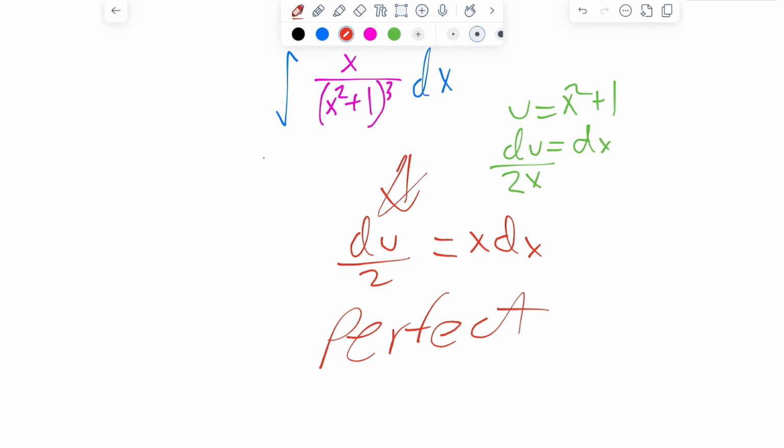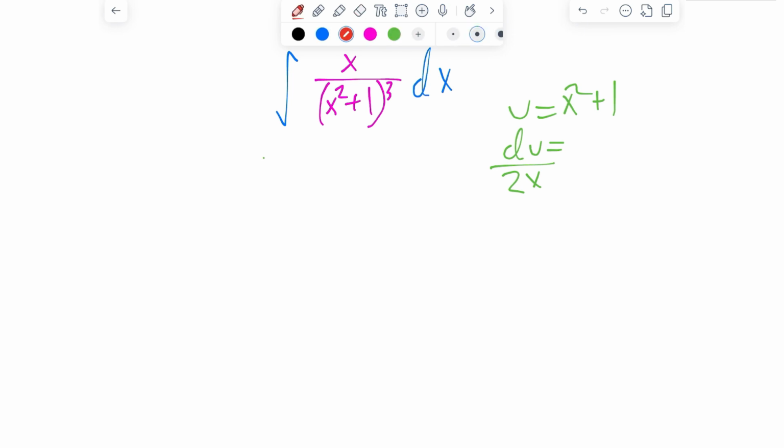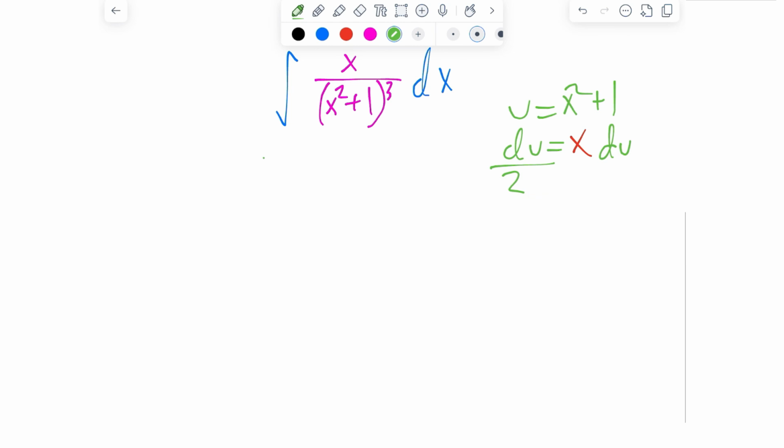And so now let's rewrite this integral. Actually, first we should rewrite this du up top. So we have du over 2 equals x dx. And now that we got that done, our next step should be rewriting this integral in terms of u.